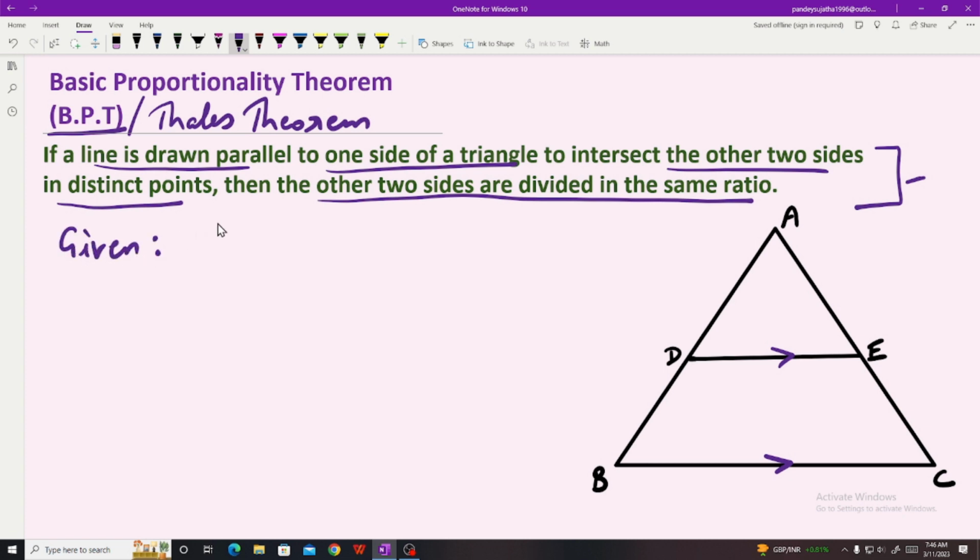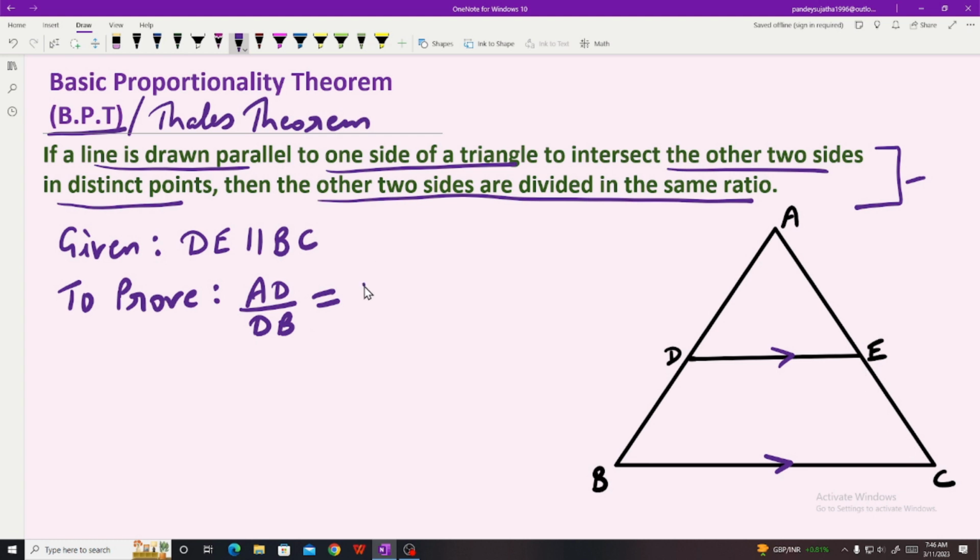Given is DE is parallel to BC. Then write what to prove. To prove AD upon DB is equal to AE upon EC.